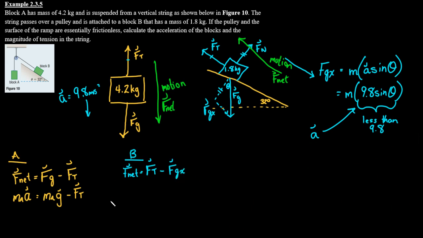Okay, again, I'm going to make my substitutions. F net for the B block is just going to be the mass of that block times acceleration. Force of tension is what we don't know. And then Fgx is the force of gravity times, notice you're across or opposite that angle, so I'm doing sine theta. So I'm going to simplify it one step further.